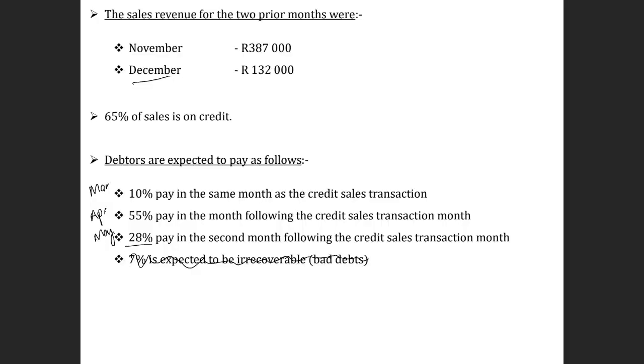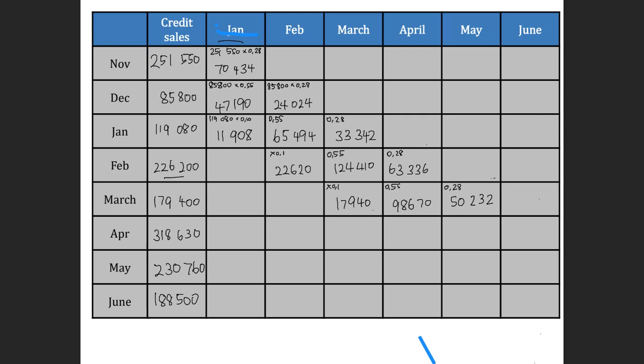Then for the month of April, it's going to be April itself, May, and June. 10%, 55, and June is 28. So that's April, 0.1 or 10, 55 in May, 28 in June.